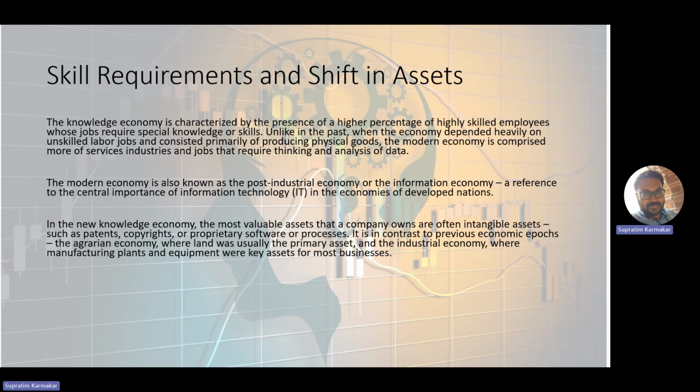So that is called patents or copyrights or proprietary software. Whoever develops a software has the copyright of it. Because it is a knowledge-based economy, intellectual property rights are very important. Patents and copyright are collectively called intellectual property rights, IPR.